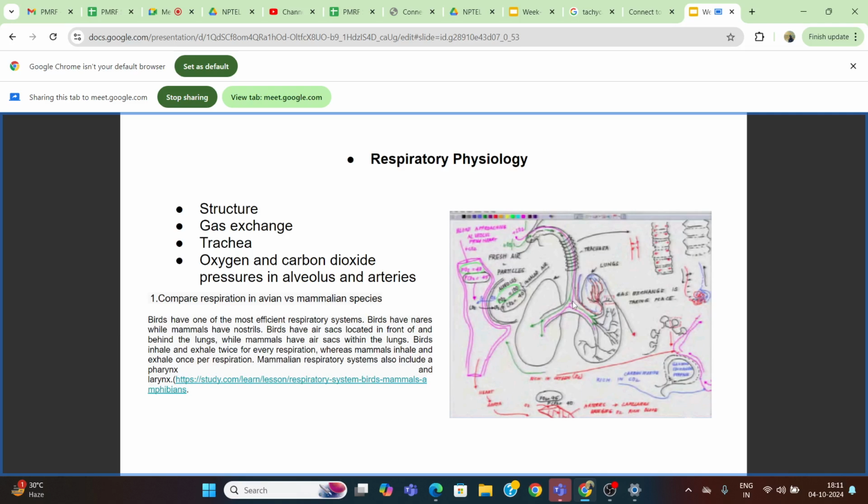Then the trachea will divide into two parts, right and left, because there are two lungs, and as it enters further, the size becomes smaller and smaller. Finally it will reach a sac called the alveoli, where the gas exchange takes place.